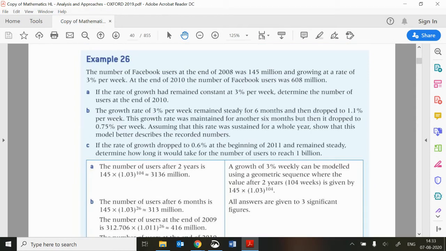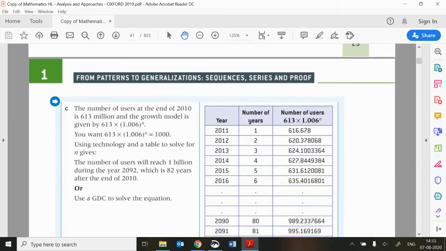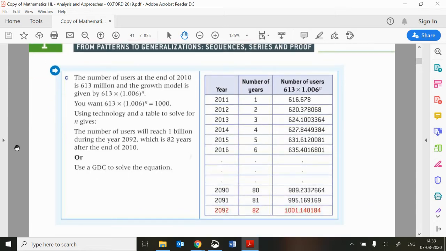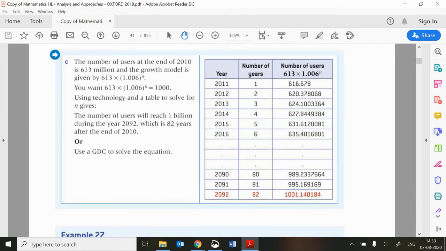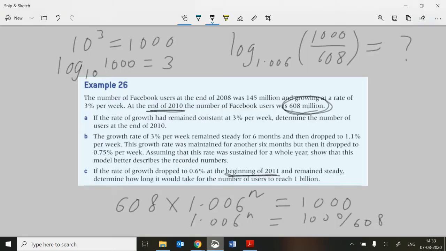Well, you can see they've used the number of users from the model being 613, but in fact, we know that there were exactly 608 million users at the start of 2011. So it's better to use the original number. So I've used 608, they've used 613, but the method that they've got is kind of similar. They say 82 weeks, so from typing this into the calculator, you'll get an answer which is similar to this. Perhaps it will take slightly longer. So maybe it will take 84 weeks or something.